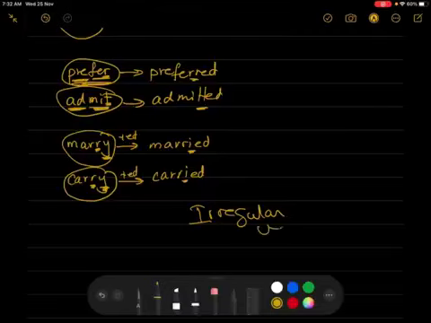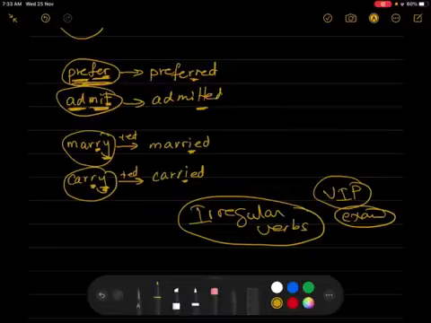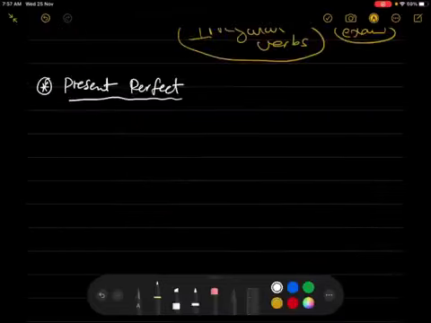Okay, so we know about irregular verbs. That's very important for the exam. Okay, that's the present, that's the past.